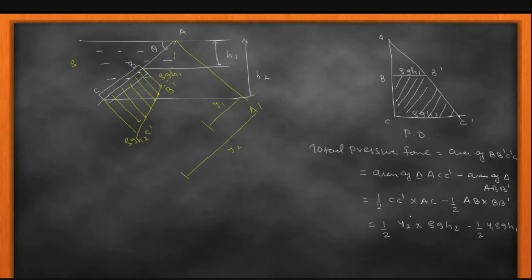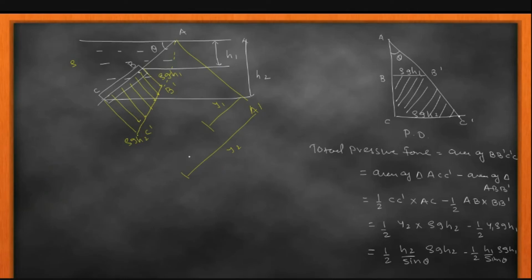And we know from the geometry that y equals h by sine theta, so we put that down: 1 by 2 into h2 divided by sine theta into rho g h2, minus 1 by 2 into h1 upon sine theta into rho g h1.